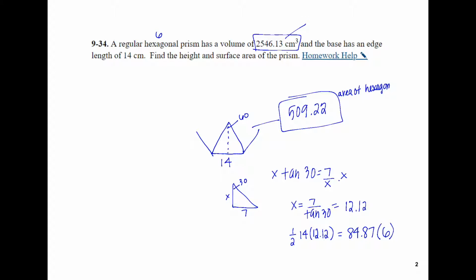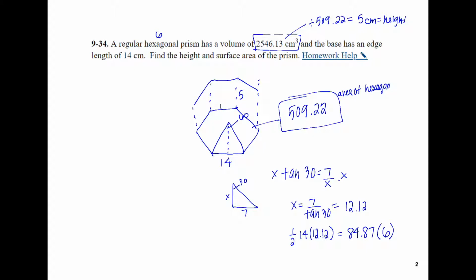When we took the volume of our hexagonal prism and divided that by the area of just our hexagon, our base, we get approximately 5 centimeters, which would represent the height of our prism. So our height is approximately 5.